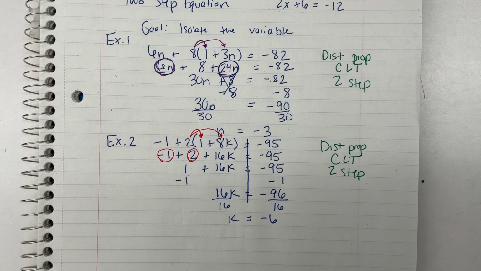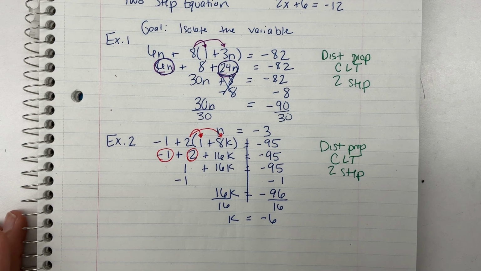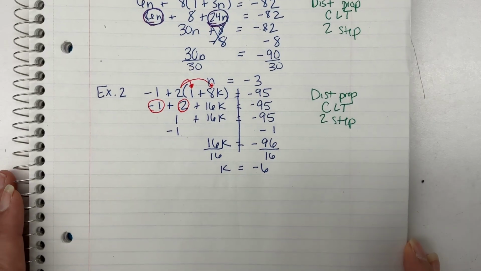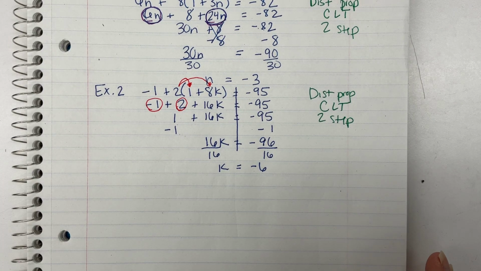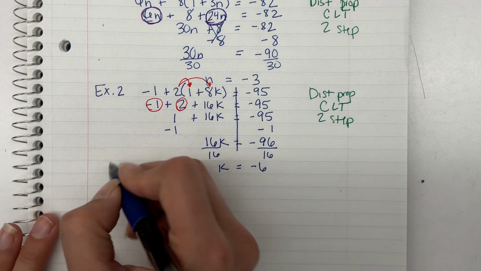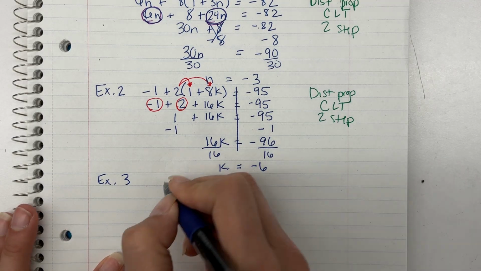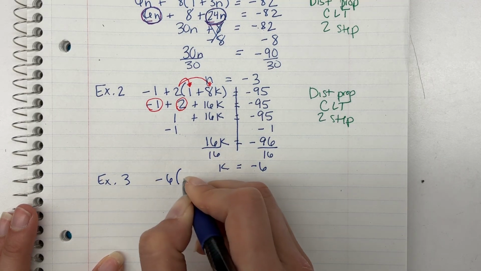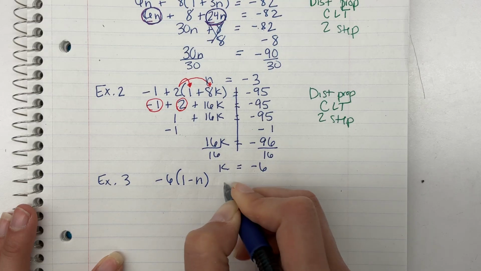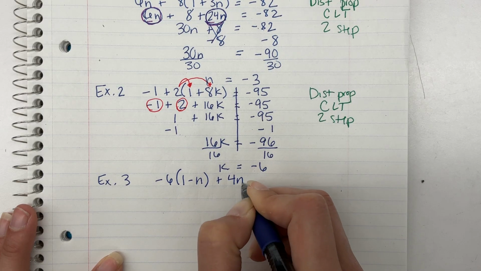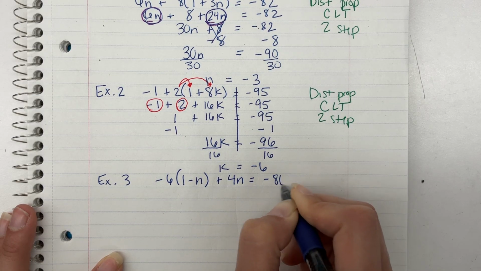Last example. This is my advice. Write this example down. Pause the video. Solve it on your own. And see if you got it right. All right, equation number 3. -6 times 1 minus n plus 4n is equal to -86.